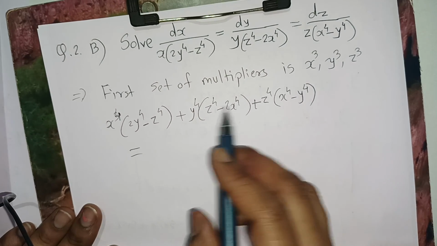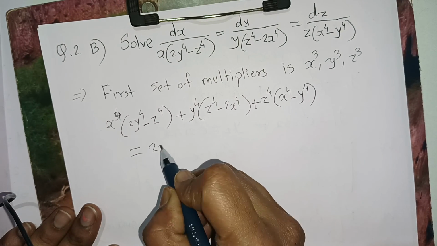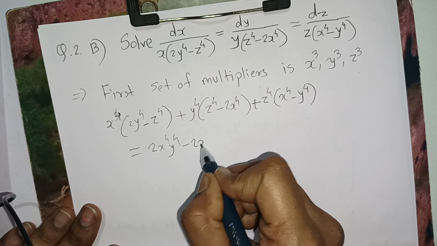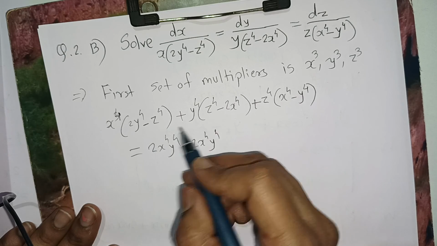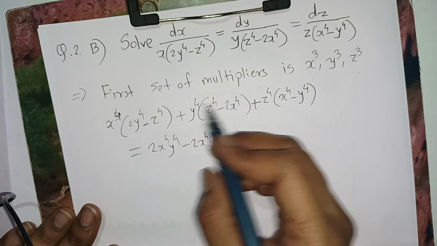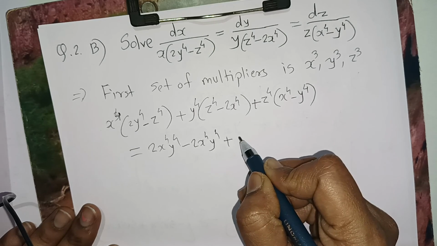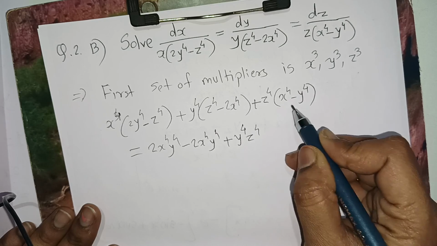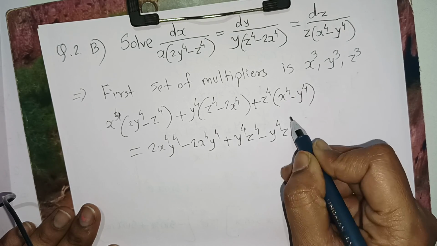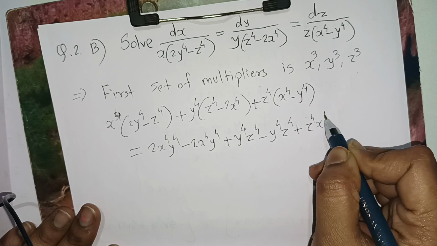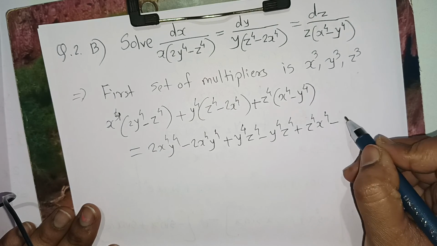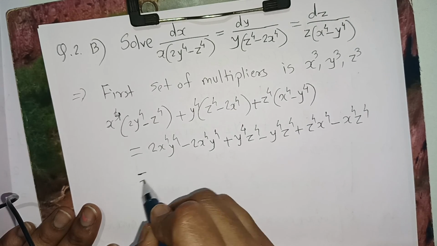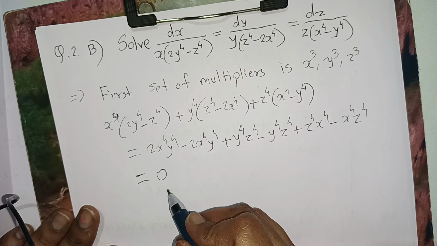So the addition of all these things is equal to 2x raised to 4, y raised to 4. Already you have minus 2x raised to 4, y raised to 4 from the second term, plus y raised to 4, z raised to 4 and minus y raised to 4, z raised to 4, plus z raised to 4, x raised to 4 and minus x raised to 4, z raised to 4. So everything is cancelled and you have 0.